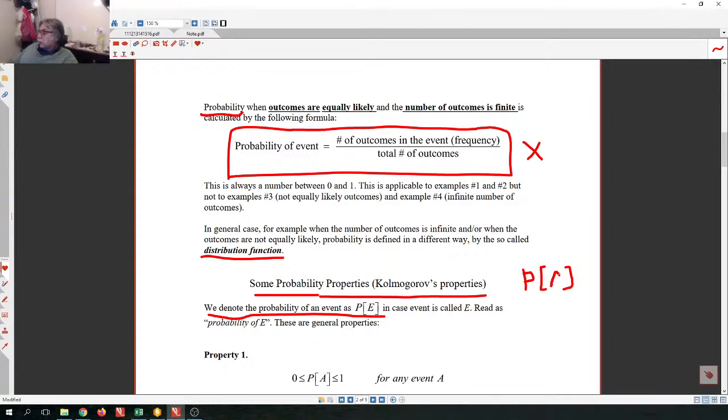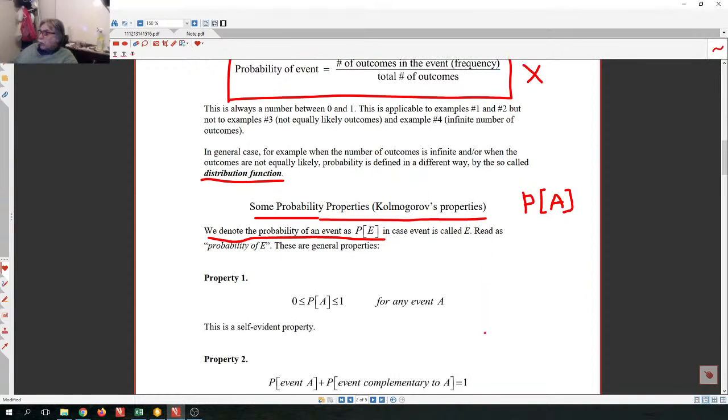We can call that by uppercase Latin characters, so it could be A, B, C, anything. I use E here in the description because I'm just abbreviating event, or A, or anything else. So again, probability is an assignment of a number to an event.